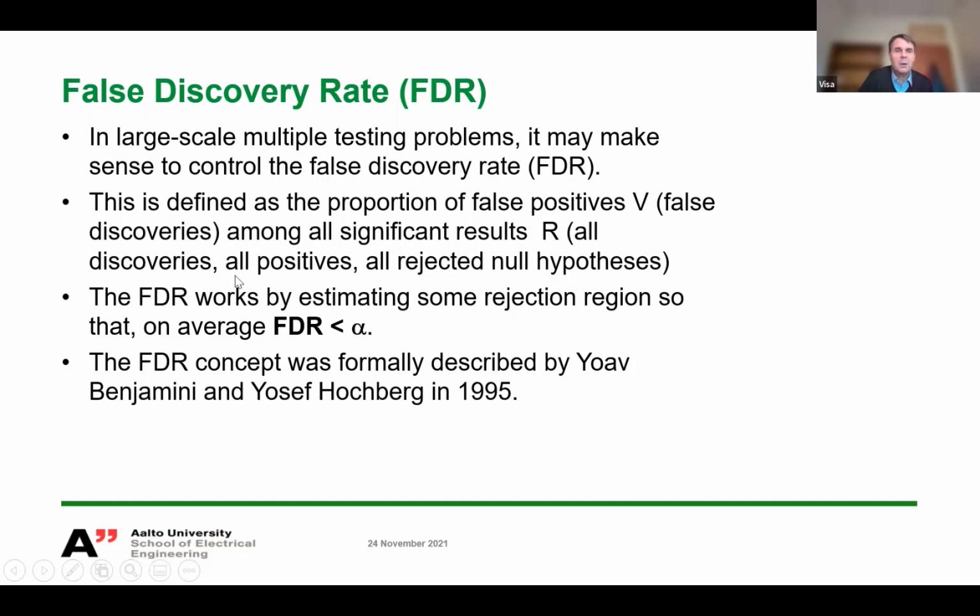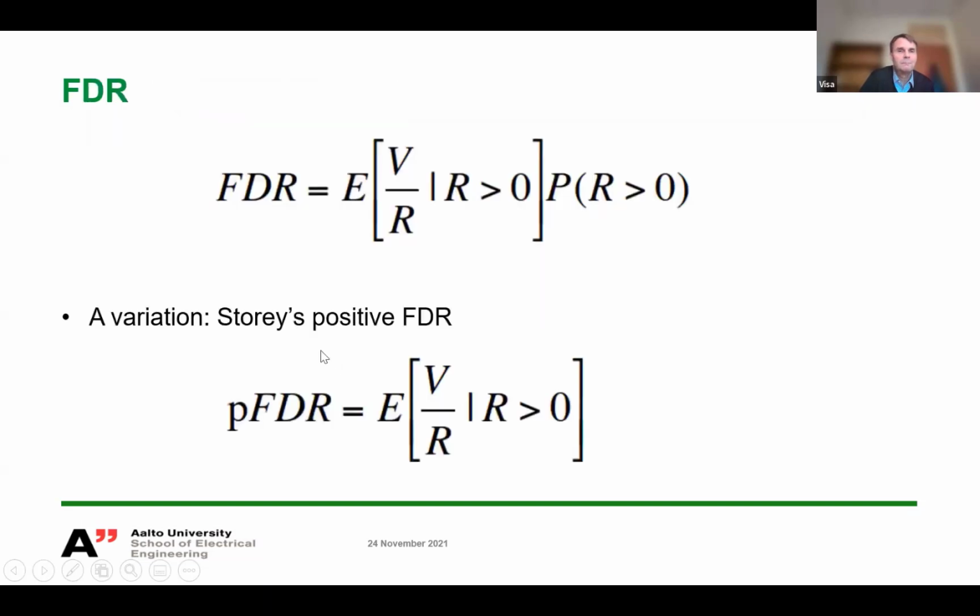For the FDR, you want to control this rate, setting a maximum allowed proportion for these false positives. This FDR concept was formally described by two statisticians from Israel in 1995.